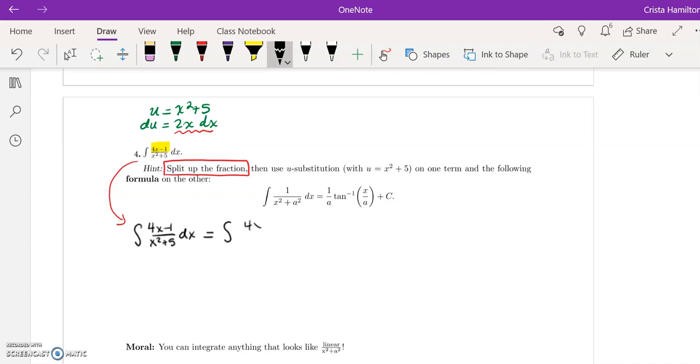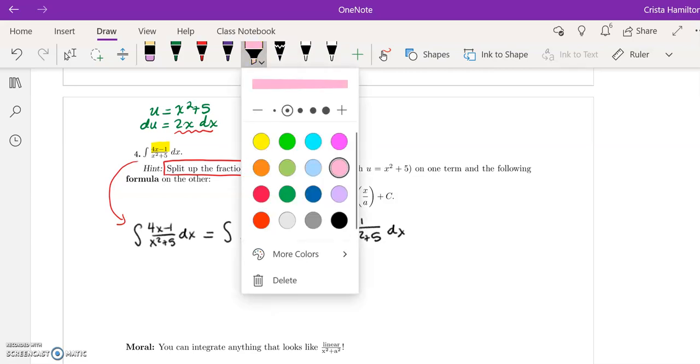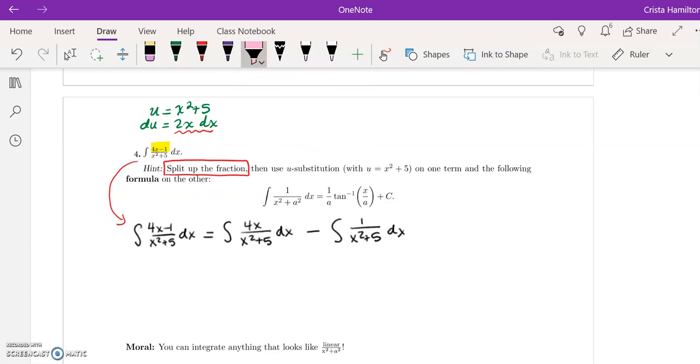So it becomes 4x over x squared plus 5 dx minus the integral of 1 over x squared plus 5 dx. And by splitting it up that way, now we can see that here in the first term, that u substitution that I was doing up there, this right here is very, very close to what I need. It just has an extra constant that's there.